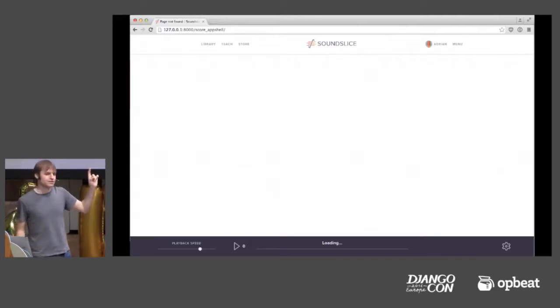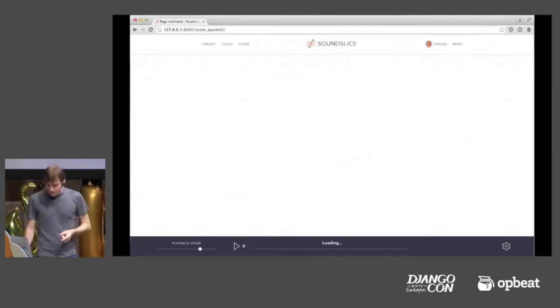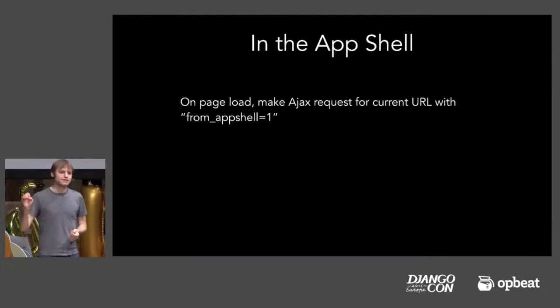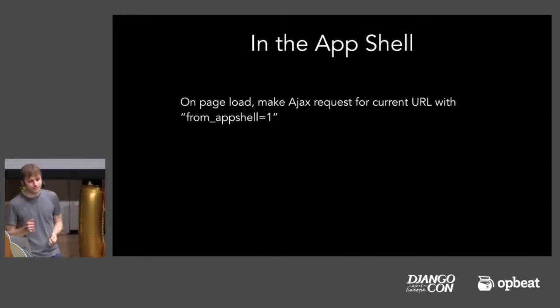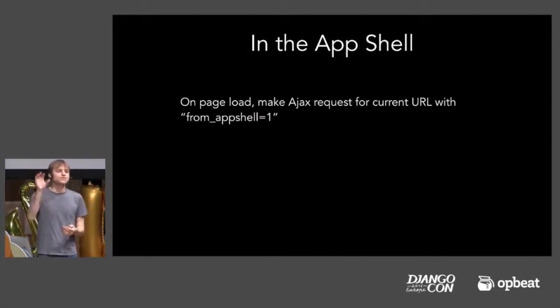And then in that app shell, you put a little bit of JavaScript that makes an AJAX request at the time of page load, so on DOM ready, that says, retrieve the current URL and stick a little extra thing on the URL, from app shell equals 1, a little flag that tells Django that, oh, it's the app shell requesting it. That way, Django knows that it can put just the content, not the entire thing.